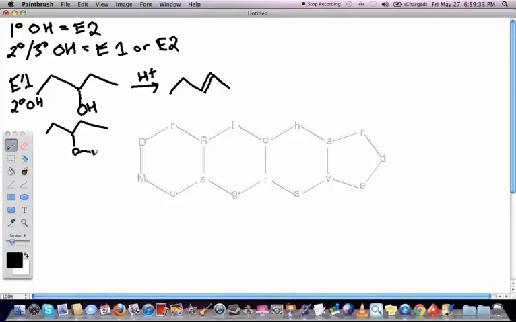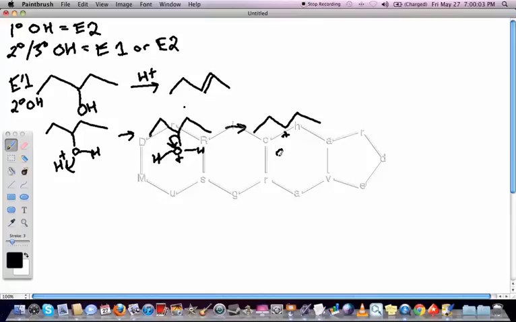So just going through the E1 mechanism, we have the O take the H, form an O plus here, and then we lose the water, forming a positive charge on that carbon.